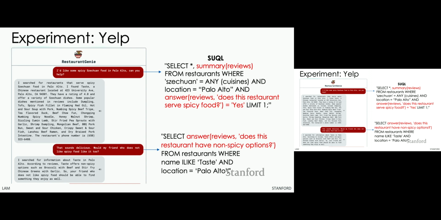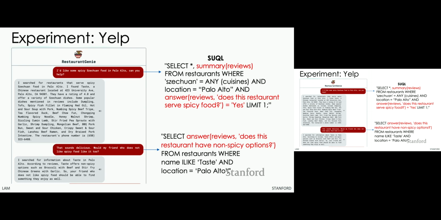Daigo is also a very good Japanese restaurant. And they pass the test, I would say. So it has a good description. Then the user says, that sounds delicious. Would my friend who does not like spicy food like it too? Very natural English. I'm not talking to a bot. This is how you talk to people, normally.